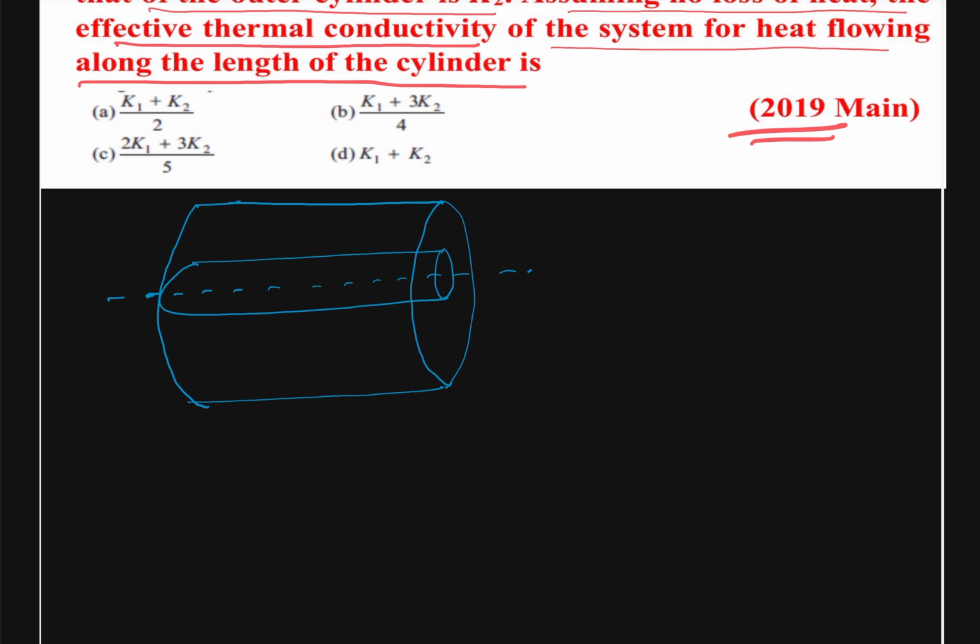And the inner radius is R, and the outer radius is 2R. The conductivity is K2 as well as K1. So we have to find out the effective thermal conductivity, and that is our area weighted average.